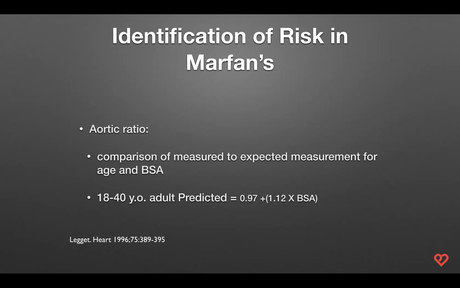I want to introduce you to another concept that I looked into because I thought it was helpful to talk to patients. There is something called an aortic ratio. It's the comparison of what is measured to expected for age and body surface area. It works for 18 to 40-year-olds, where the equation for what is predicted is the one that I list here.